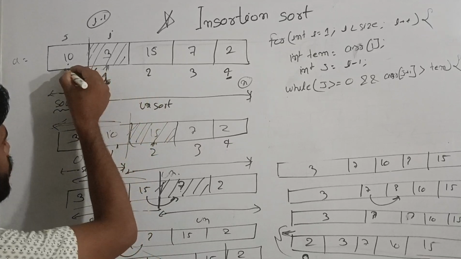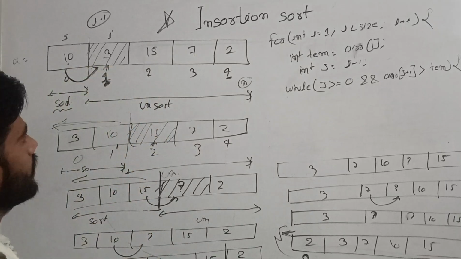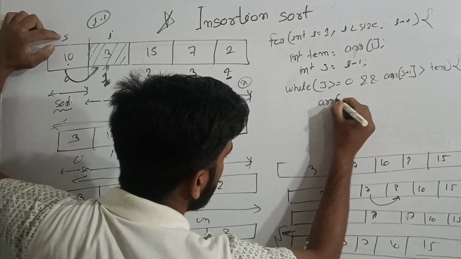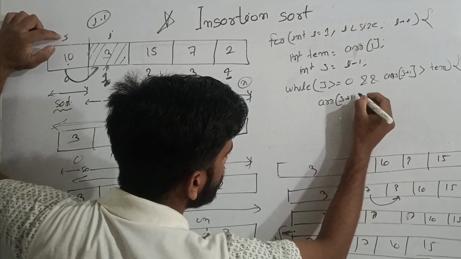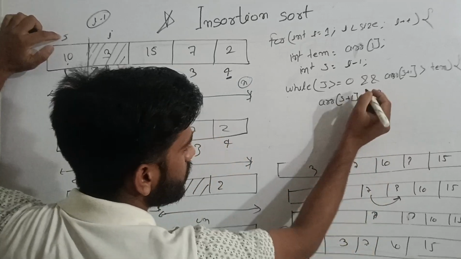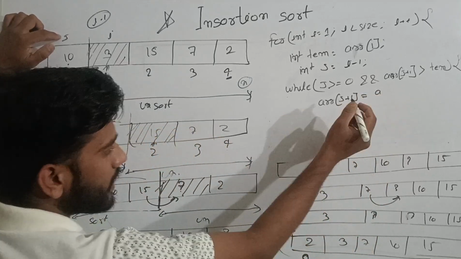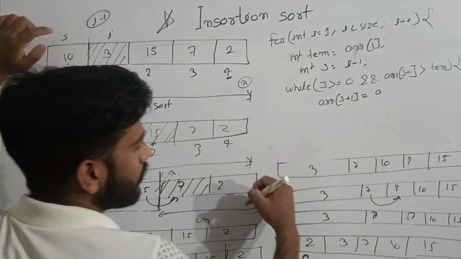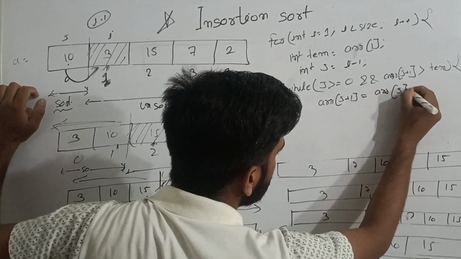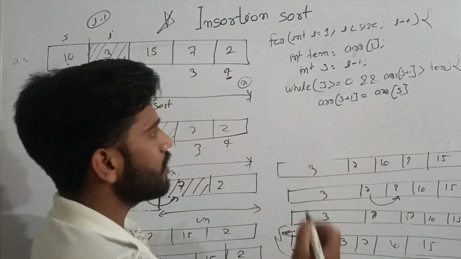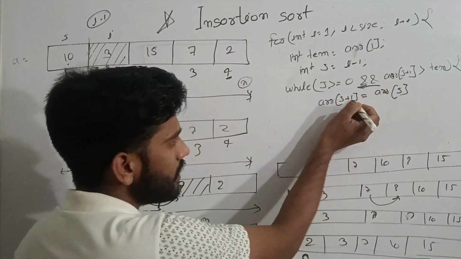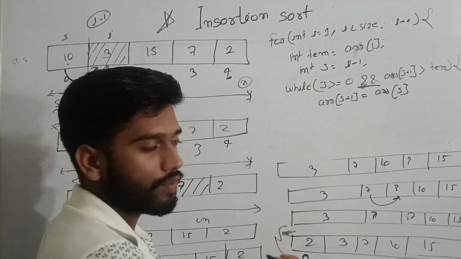So array of j plus 1 is equal to, sorry, this is the assignment operator, array of j plus 1 is assigned array of j.